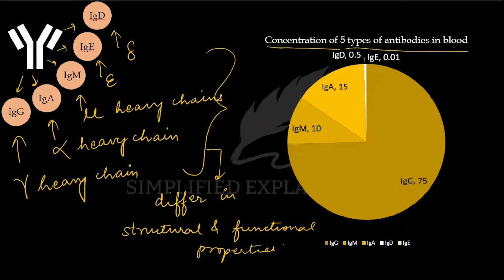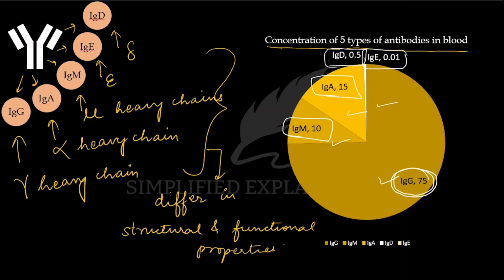IgG is present in around 75%, IgM around 10%, IgA around 15%, IgD 0.5% and IgE 0.01%. These are not the exact values, only approximate values.